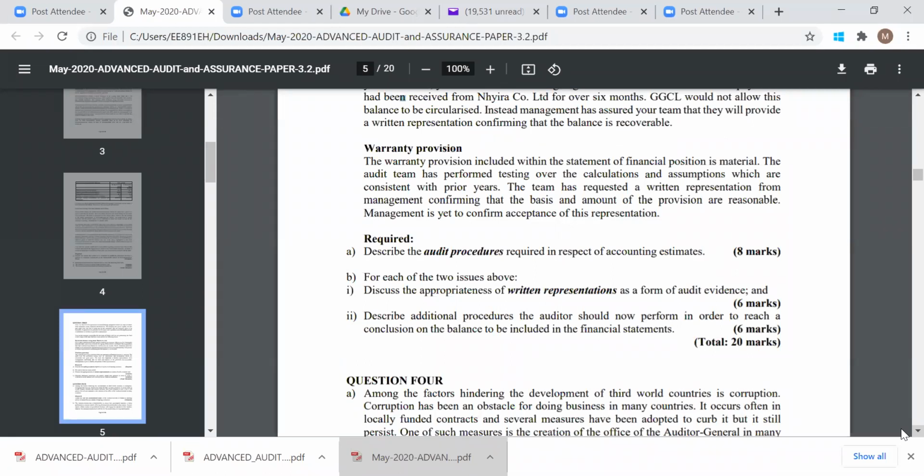All these audit procedures together would help the auditor come back to a final balance. So that's also another audit procedure centered around review.